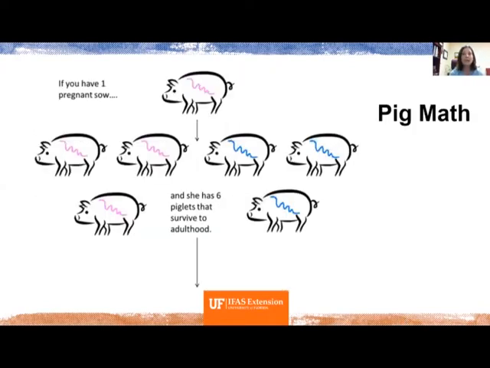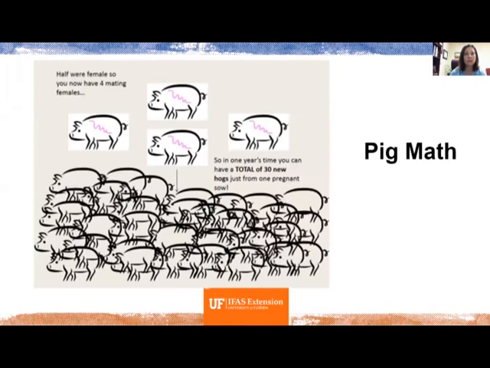So pig math, I like pig math. If you've got one pregnant sow and she has 6 piglets that survive to adulthood, we'll say half of them are going to be boys, half of them are going to be girls, right? So that's her first litter.